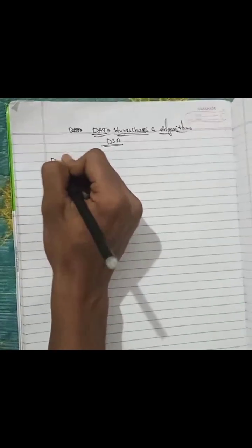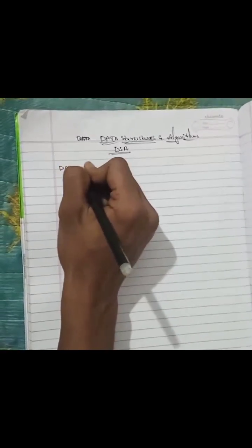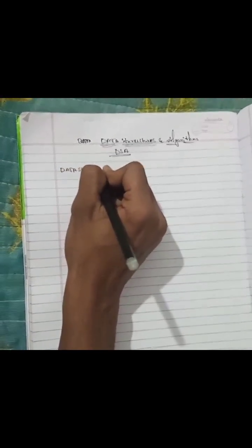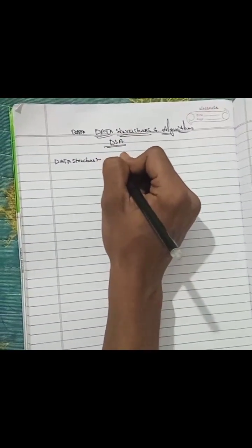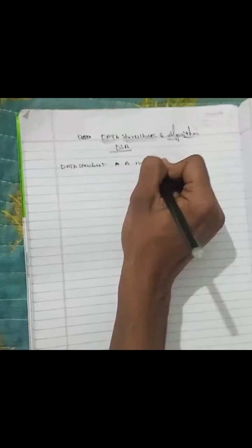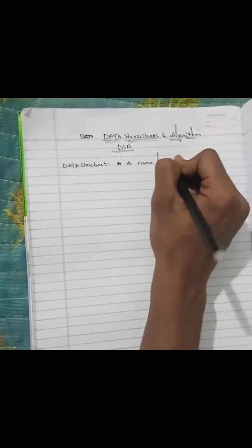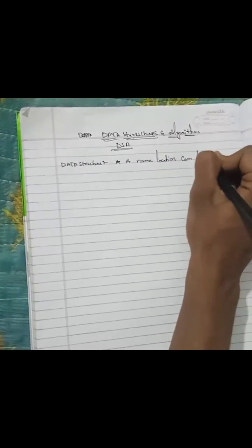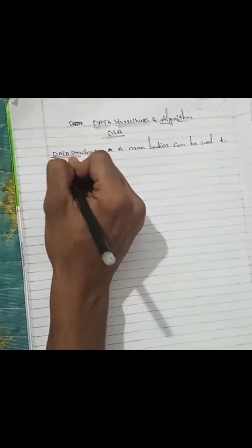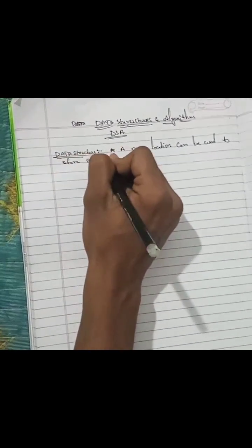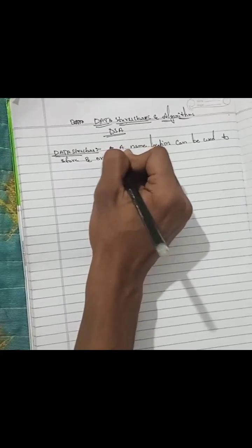First, data structures. What is a data structure? A data structure is a named location that can be used to store and organize the data.